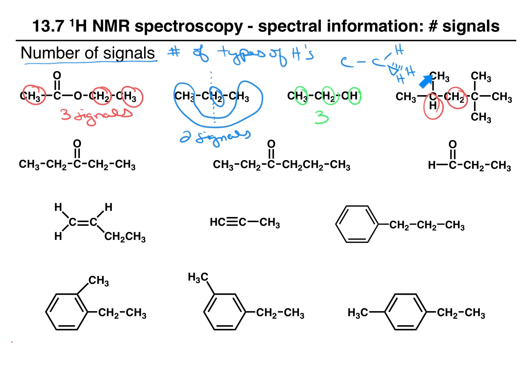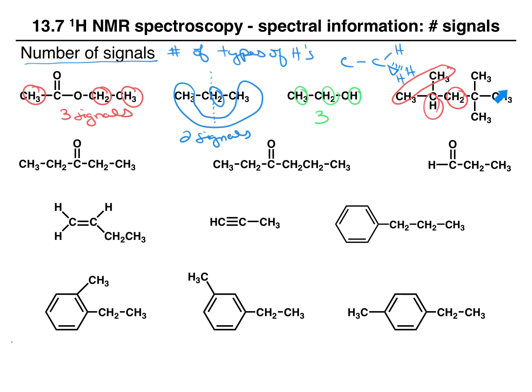Well, these CH3 groups are both connected to the same carbon, and there's free rotation around this carbon-carbon bond, which means this methyl group can rotate and be in the position of this methyl group, and they can keep rotating. And so what that leads to is that these methyl groups are equivalent to each other. So these two sets of hydrogens really count as one set, giving us one signal.